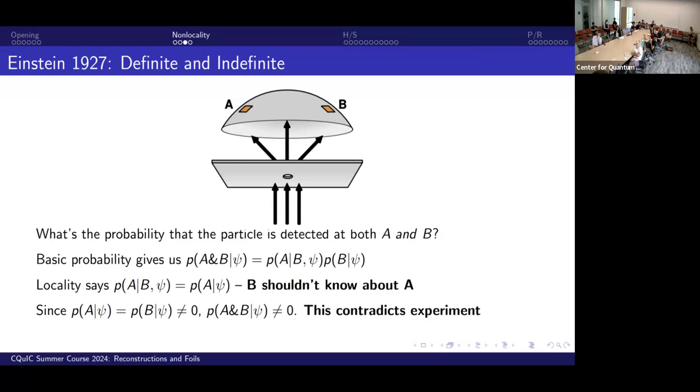So I guess the idea is that if there's an element of reality associated with A and an element of reality associated with B, having to do with the particle being detected or not, then whatever is there shouldn't depend on the other. Yes, go ahead. And then the A and B events happen in a space-like way. Yes, they are space-like separated; there's no message between these two detection events.